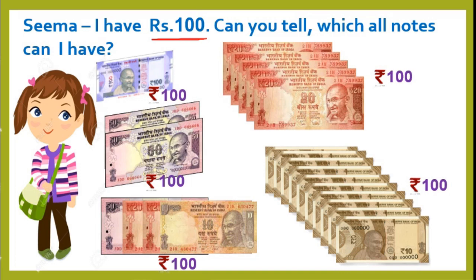Means 10 notes of 10 rupees together make 100. Again, some options are there. She can show 1 rupee coins. How many coins? 100 coins. Then that is also equal to rupees 100, isn't it? Yes. There are so many options.